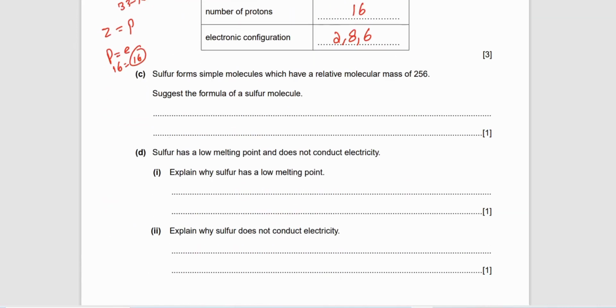Sulfur forms a simple molecule which has a relative molecular mass of 256. So just find the formula of the sulfur molecule. We know that the mass of one sulfur atom is 32, so 256 divided by 32 becomes 8. It means in that single molecule there are 8 atoms of sulfur.